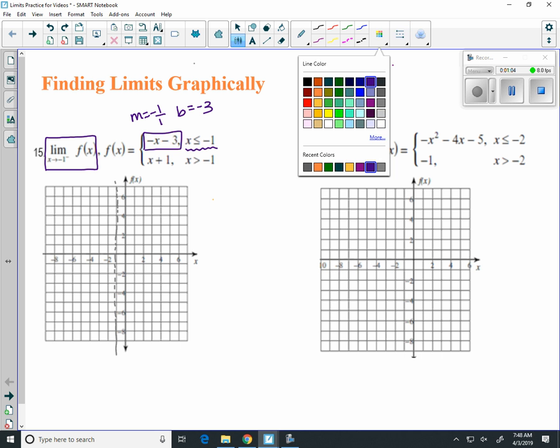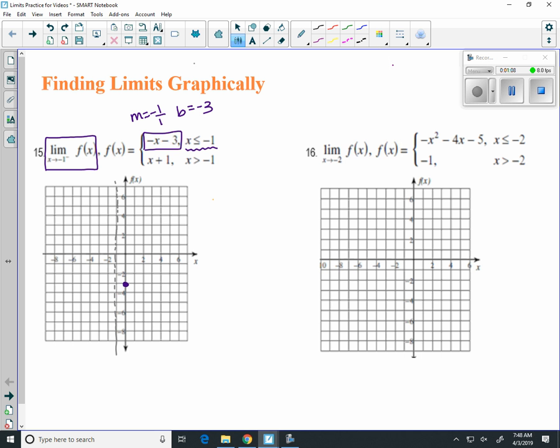Okay, so again, I'm going to start at negative 3. My slope is negative 1 over 1. But here, once I have my pattern going, I'm on the wrong side of the line. So I started my pattern, and I'm going to go backwards. This is going to have a closed circle on that break line, which is really hard to see because I put gray on right here.